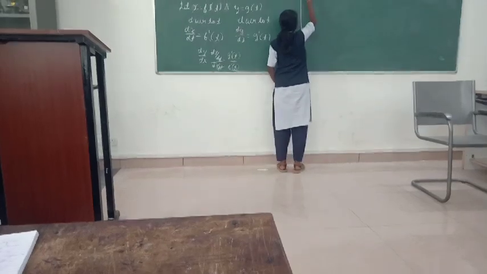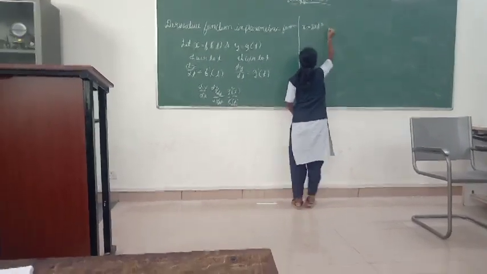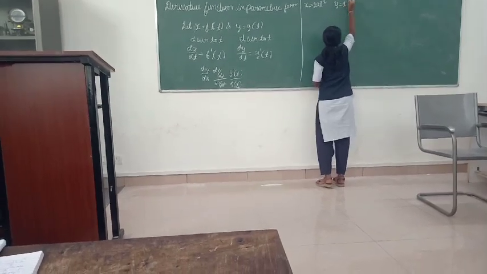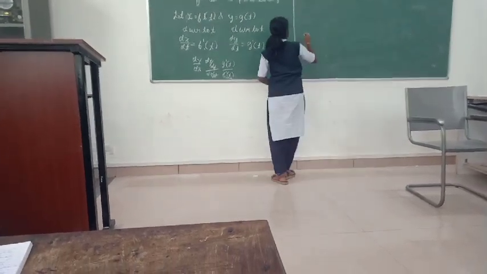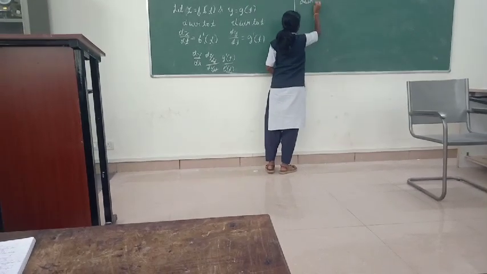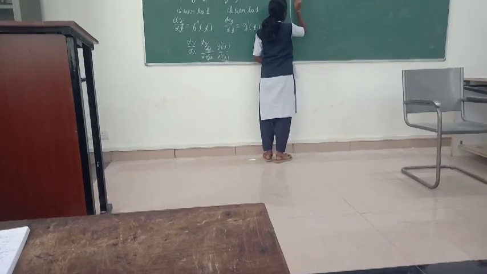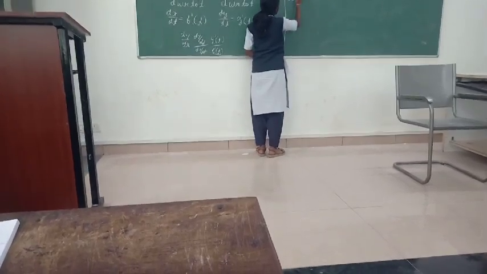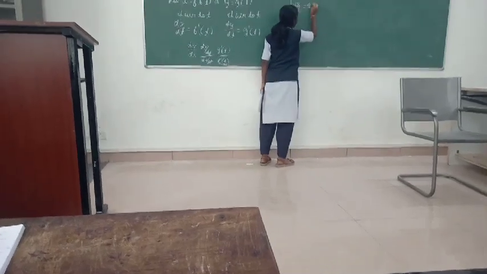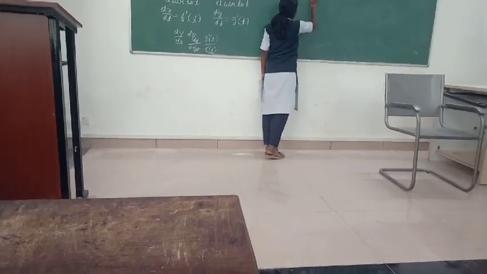Take one example. x is equal to 2a t square and y is equal to a t power 4. First we differentiate with respect to t. dx by dt is equal to 2a, where 2a is the constant, times the differentiation of t square, which is 2t.